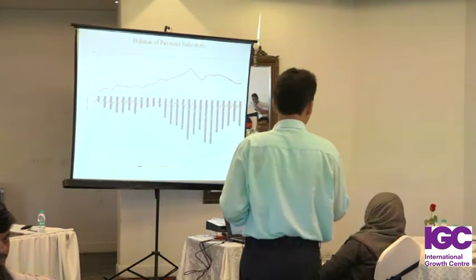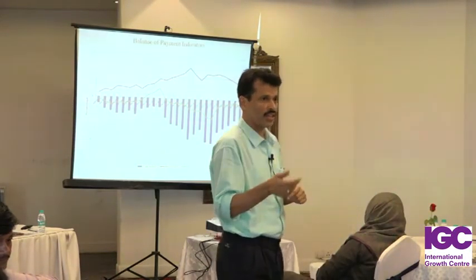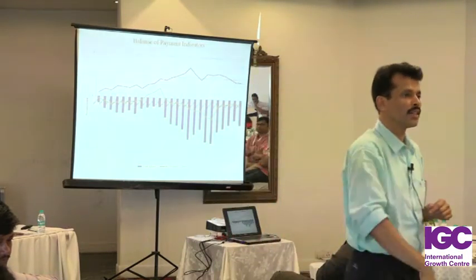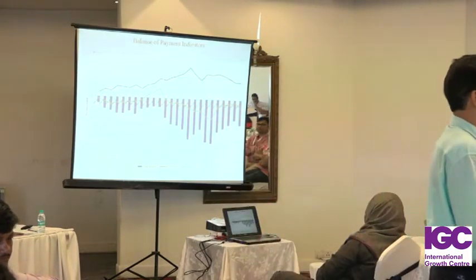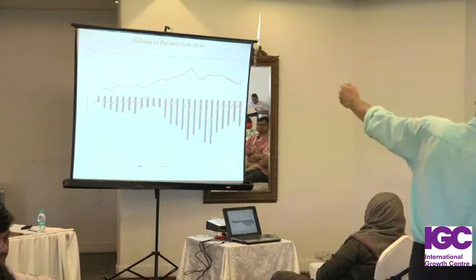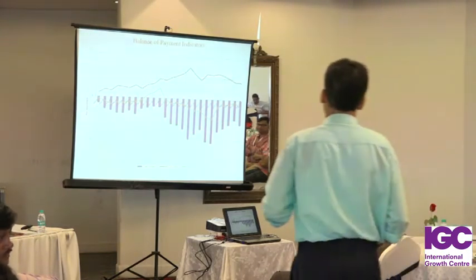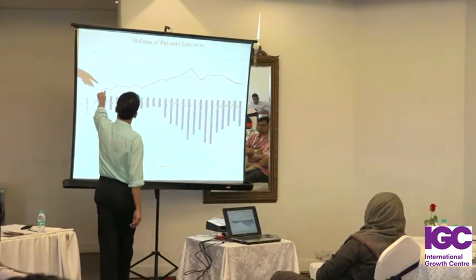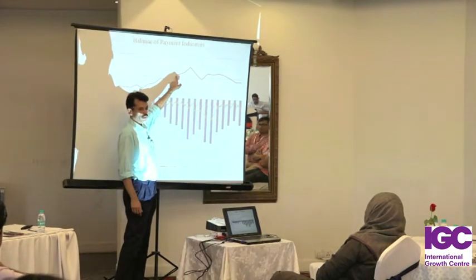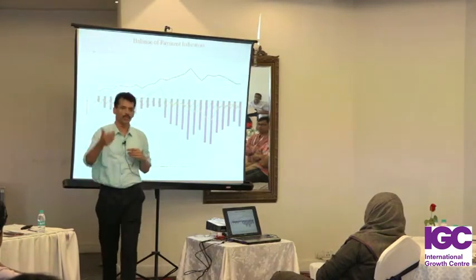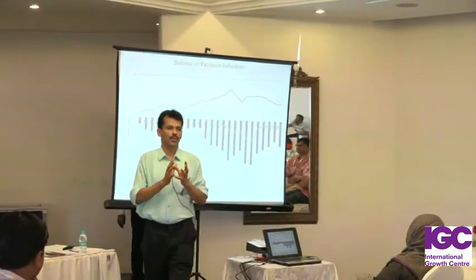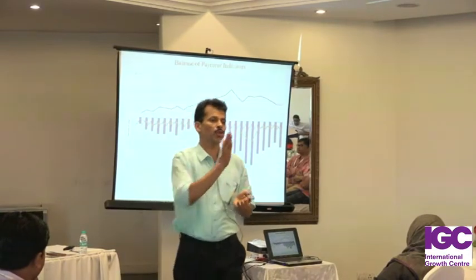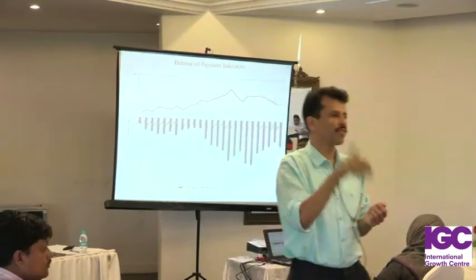So, India is running a trade deficit in the merchandise account, that means Indian exports are lower than Indian imports throughout that period and it is always negative, whereas this one is the invisibles, where exports are higher than imports. So, that is giving a cushion against the current account deficit.